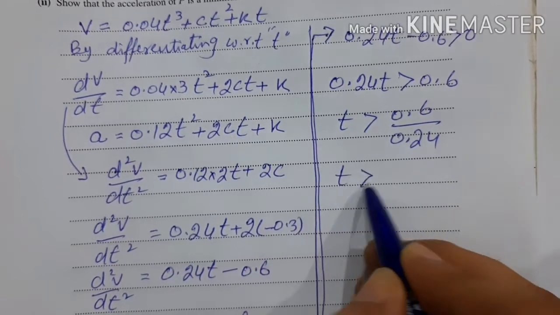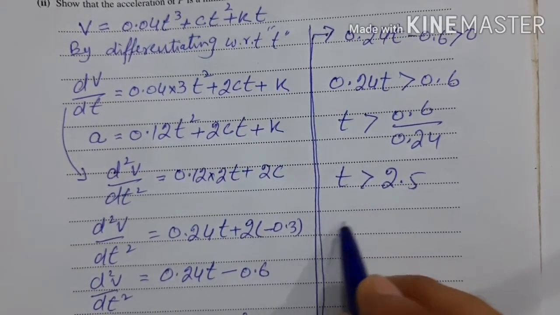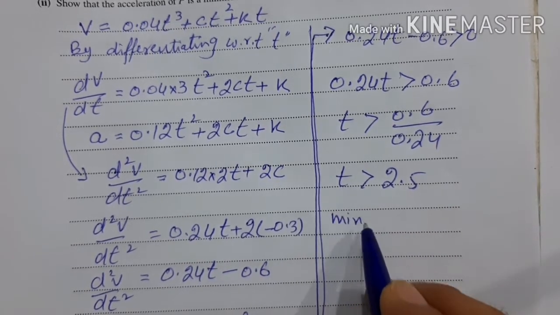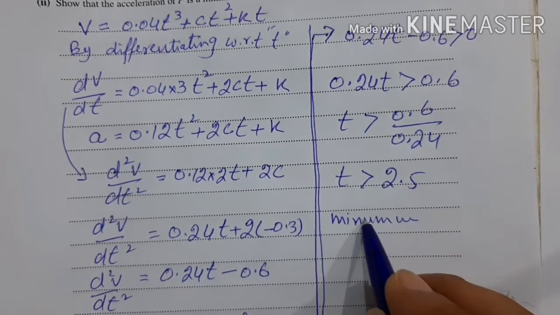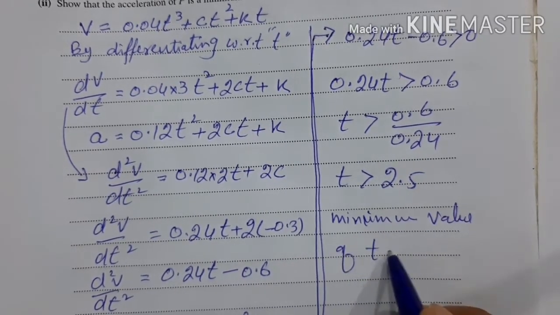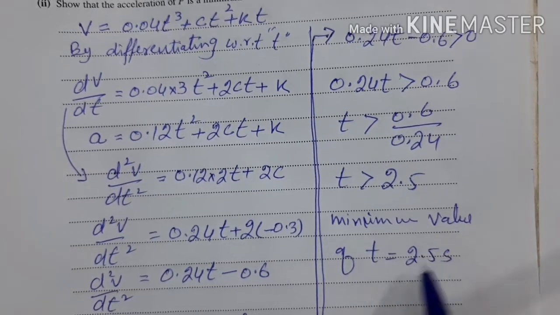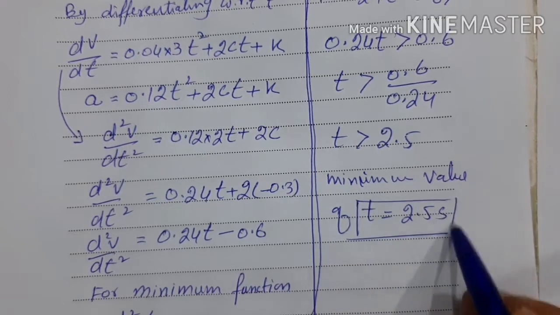So t is greater than 2.5. It means the minimum value of t is 2.5 seconds because t is greater than 2.5. So this is shown.